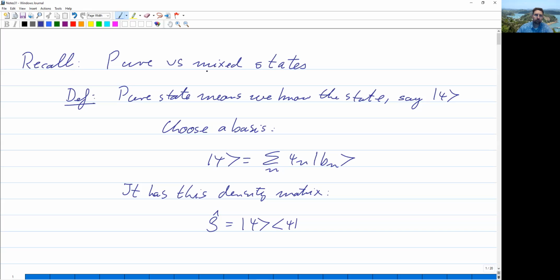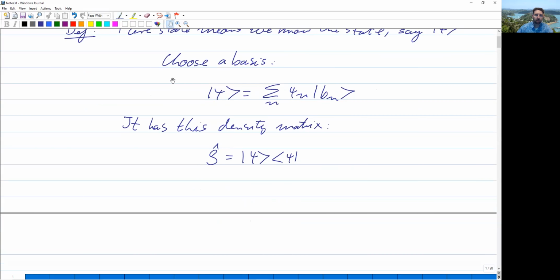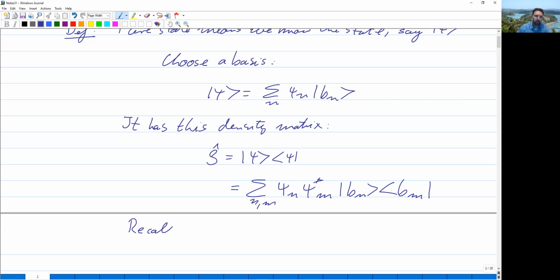Okay. What does that mean in a basis? Well, this means it is the sum over n and m. If we just plug that stuff in here, then we get psi_n psi star_m, and then |n><m|. So that's how it looks in a basis. And then remember, we have that rho hat dagger is rho hat.